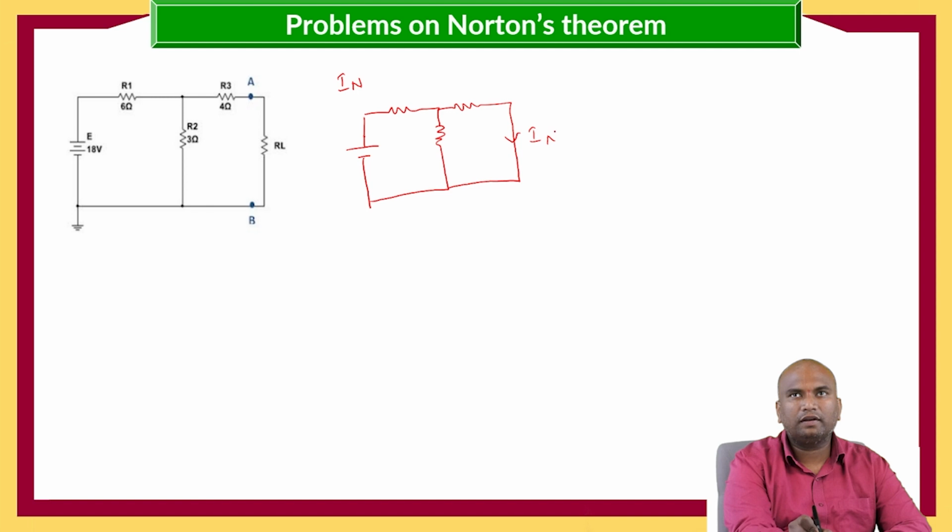Here you need to calculate the Norton's current. 4 ohms, 6 ohms, 3 ohms, 18 volts. This is the V1.